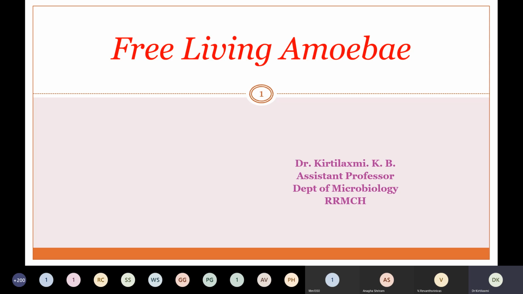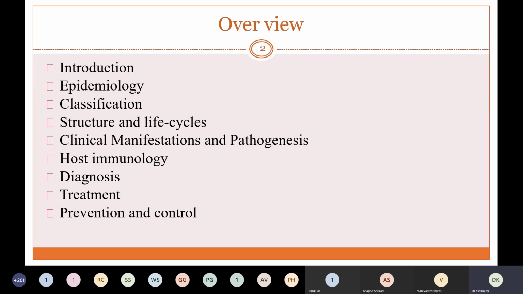At the end of the class, each one of you will know what free living amoebae are, the epidemiology, the classification, the structure, in which forms it exists, the life cycle, the clinical manifestations, and how it causes them, that is pathogenesis. Then the host immunity, how you diagnose it, clinical as well as laboratory diagnosis, treatment, and finally prevention and control.